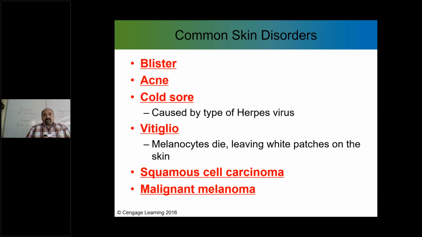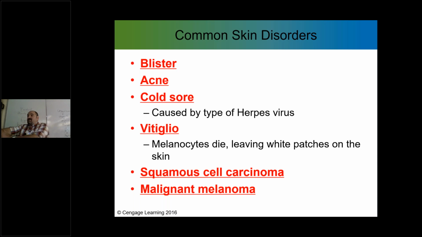Vitiligo. This is quite interesting, and I have it in my wife's family. And it doesn't depend upon... So you might have seen examples of people who are darker skin, but also of lighter skin, also can have these white patches where the melanocytes die, and it's an autoimmune type disorder.